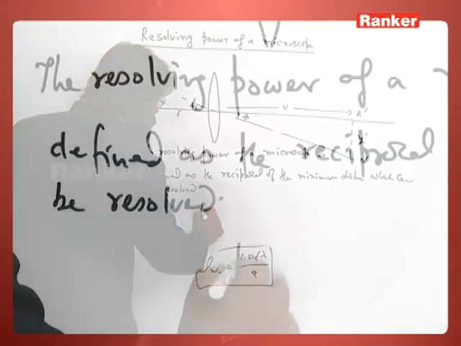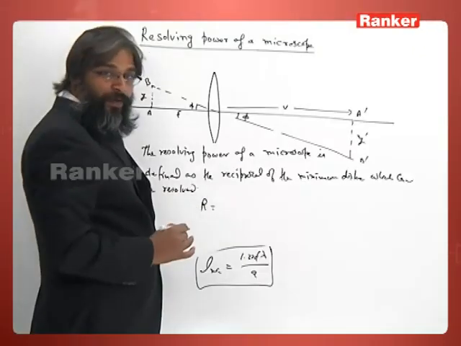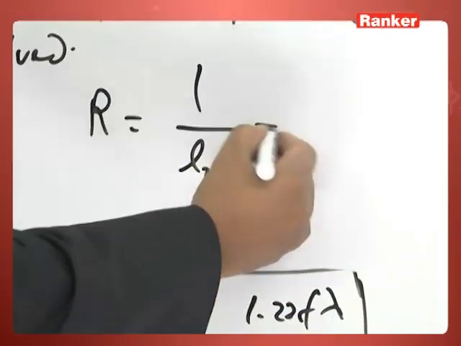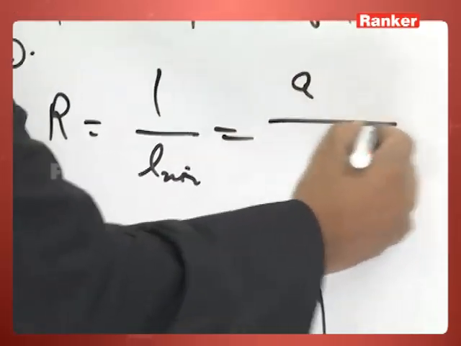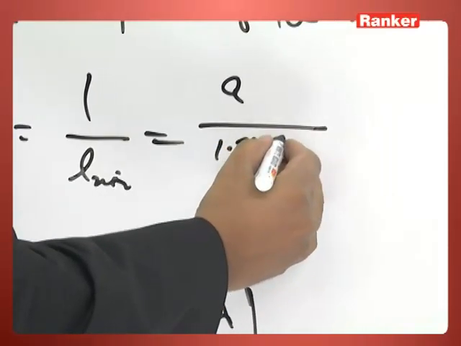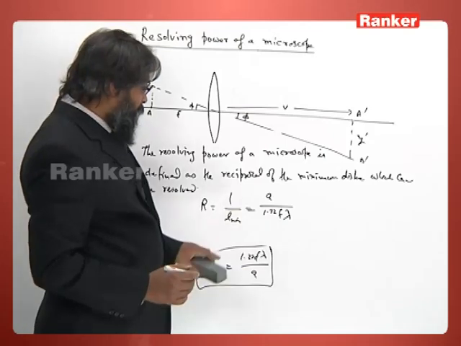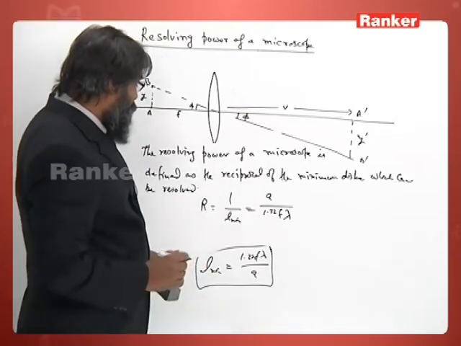So, if I denote R as the resolving power, then R is 1 by L min, that is A by 1.22 f lambda. This is the resolving power.